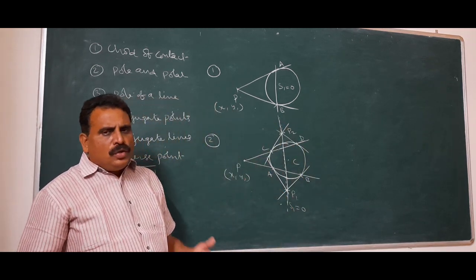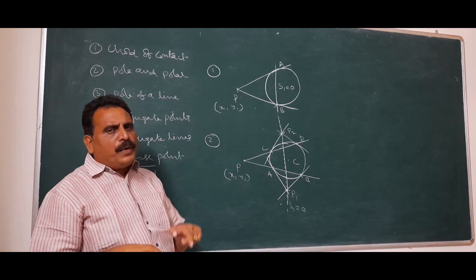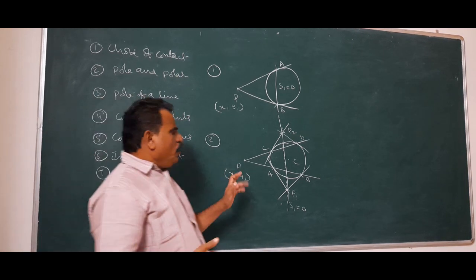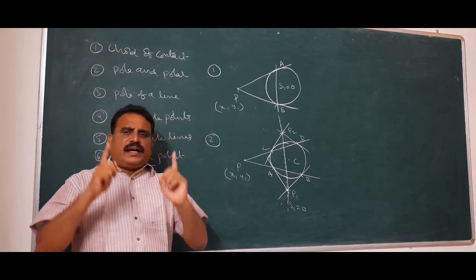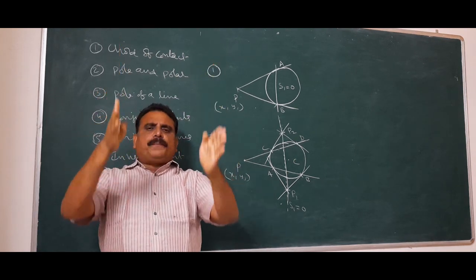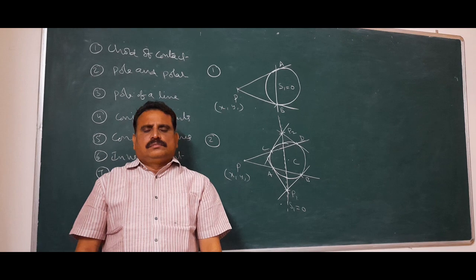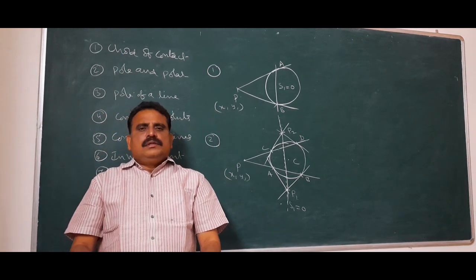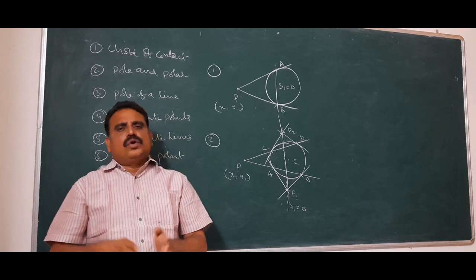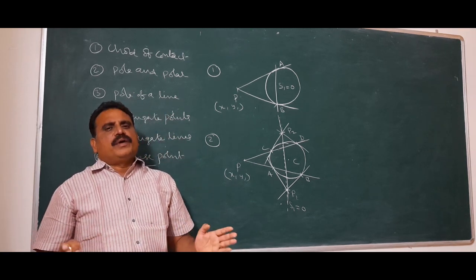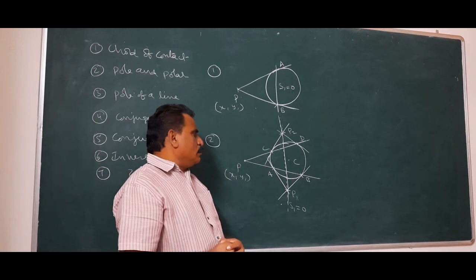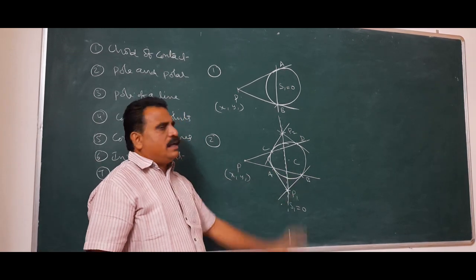By definition, you can draw a chord passing through the center, that is a diameter. If you draw tangents at the ends of the diameter, these 2 are parallel lines. These do not intersect, so we can't find the locus of the point of intersection of the tangents. That's why polar does not exist for the center.